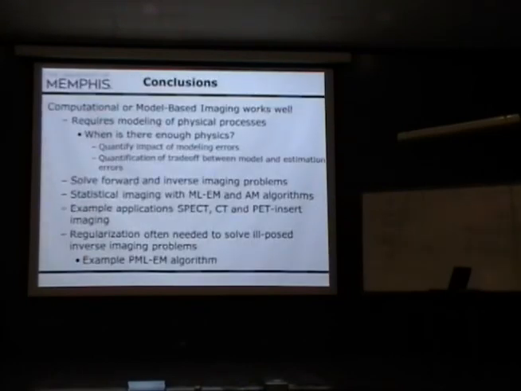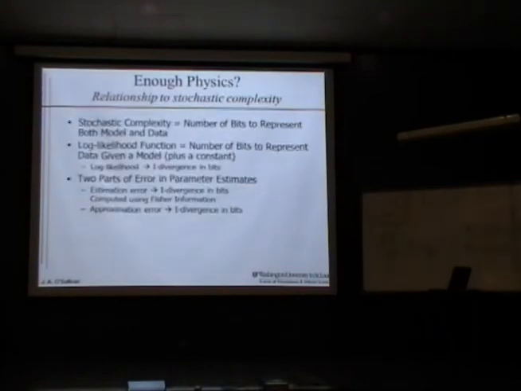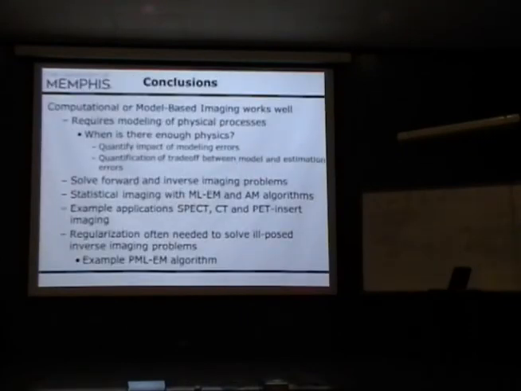But in conclusion, I went backwards, apologize. In conclusion, I hope that I gave you a flavor of computational imaging or model-based imaging in the sense that we have been using it and it relates to the medical imaging field. The key thing here is that it requires modeling of the physics, and open questions always are, when is there enough physics?